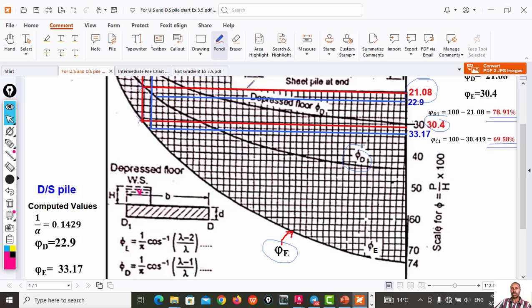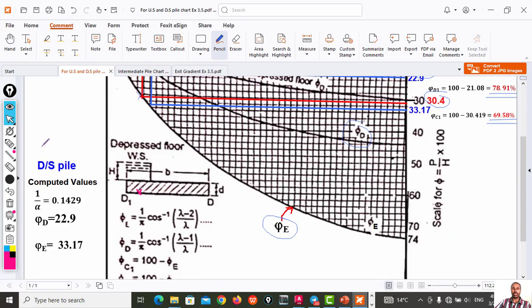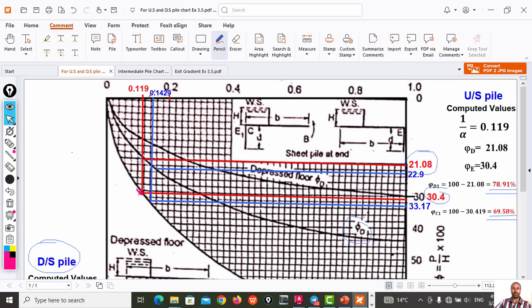So you just have these results, two results, phi C1 and phi D1. So once you compute this one, then again for the second part, for the downstream pile, you have 1 over alpha 0.1429, then phi D will be 22 and phi E will be this one. So this is 0.1429. You just go like this.